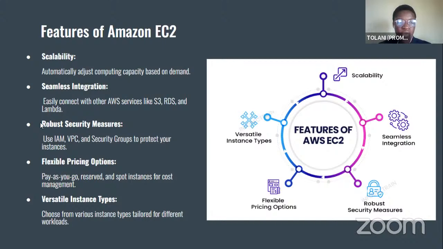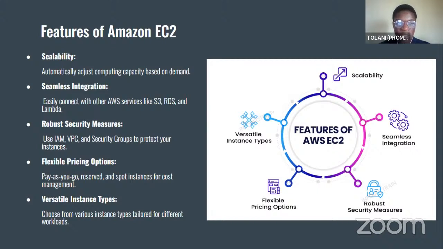The third thing we have here is robust security measures. In the cloud, there are a lot of ways to secure your application, to secure your server. A few of them here are the use of IAM, which is also a service in AWS. It's called Identity and Access Management. It's basically for administration, for creating users and groups and giving them access privileges based on their level of functionality.